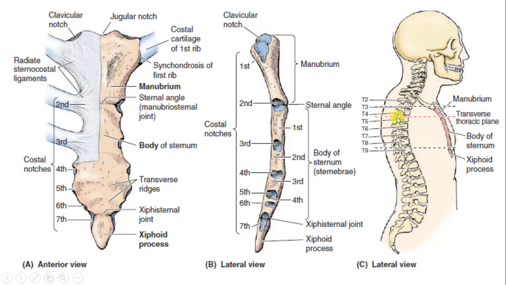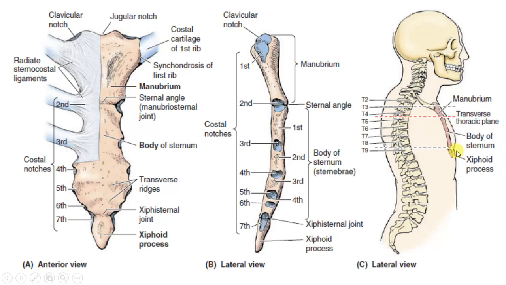And here the vertebral levels of the sternum have been shown. If we see the jugular notch, it is at the level of the T3 vertebra. And the joint between the body of the sternum and the manubrium sterni, the manubriosternal joint, is located at the level of the T4 vertebra.